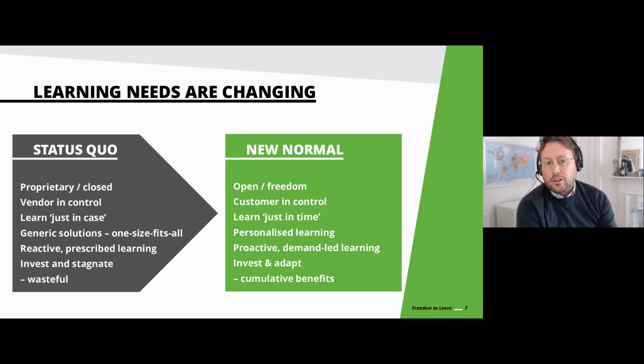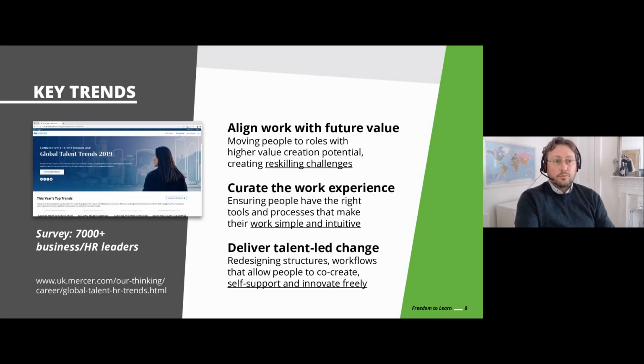Technology needs to be something you can invest in, and that it can adapt with you as your business needs shift and change, and that you can take advantage of cumulative benefits as opposed to a stop-start, wasteful procurement type of cycle. So I'd strongly advise looking carefully at how your technology is enabling you to have control and support, and to be able to adapt when your business needs change, and they will change.